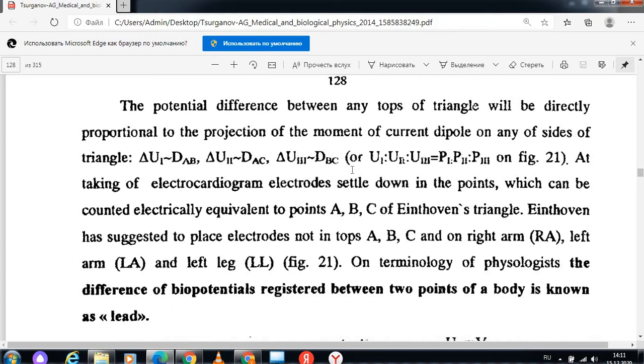And when taking an electrocardiogram, electrodes are placed at points which can be counted as electrically equivalent to points ABC of Einthoven's triangle. Einthoven suggested placing electrodes not at the tops ABC but on the right arm RA, left arm LA, and left leg LL.